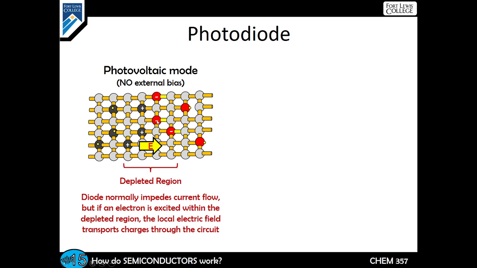You've got a positive side and a negative side. And so if light is absorbed in this region and an electron is excited to the conducting band, it will be pushed in one direction by this charge separation. There's an electric field here that will push the electrons one way or another, which generates a current on its own, because you've got that built-in electric field there.